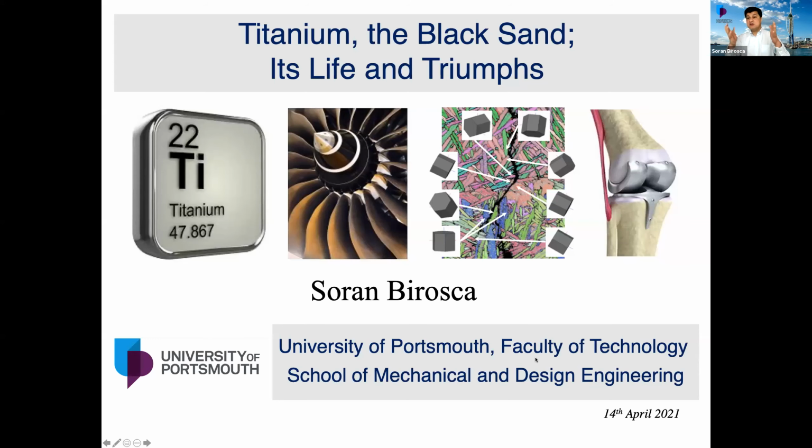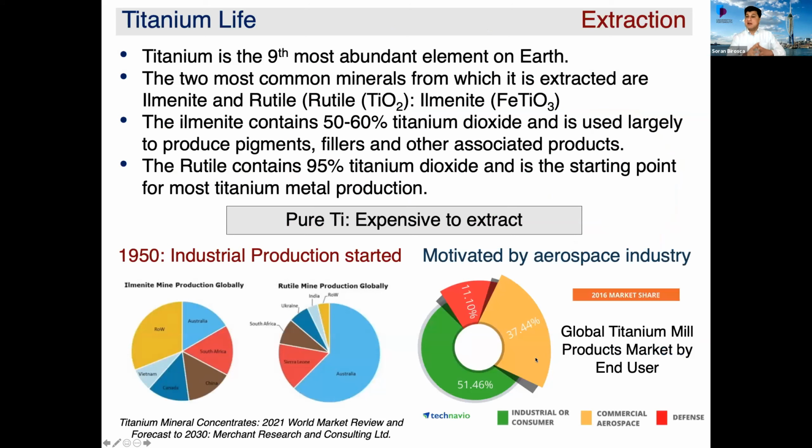So I'm hoping to take you through that journey in this short time, starting with the labor stage, which is extraction. One of the major problems with titanium extraction is that titanium has by nature a high affinity for oxygen, and that causes a huge problem and makes titanium extraction very expensive.